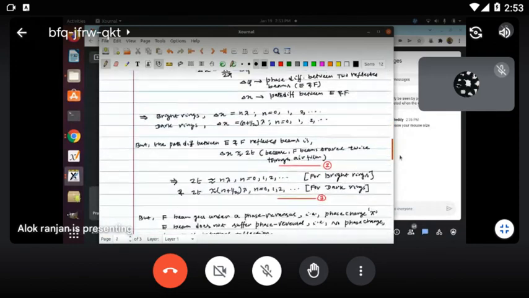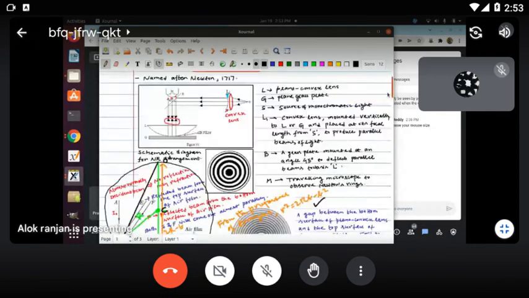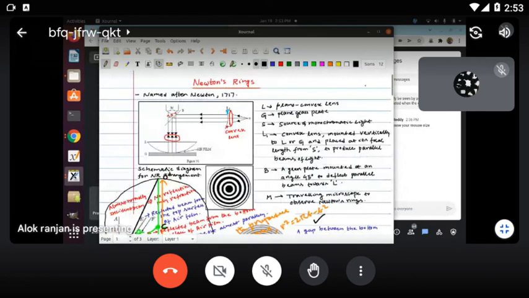Okay. So any specific question? Okay, let me ask you one more question. What will happen to the diameter of the Newton's rings?